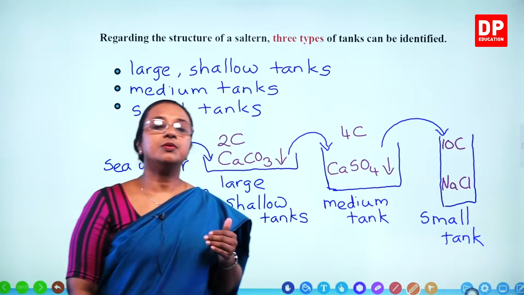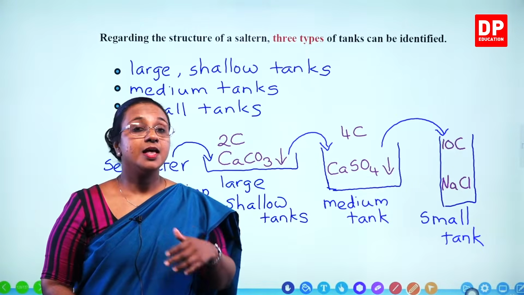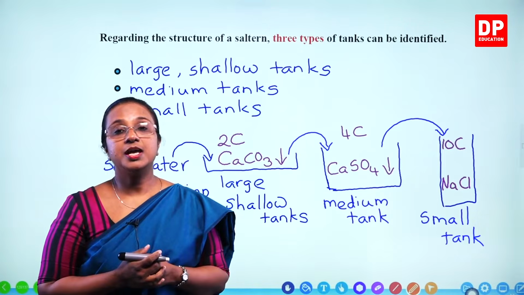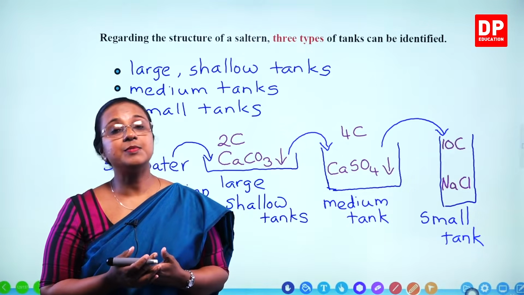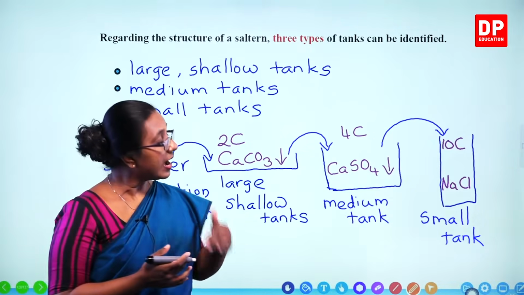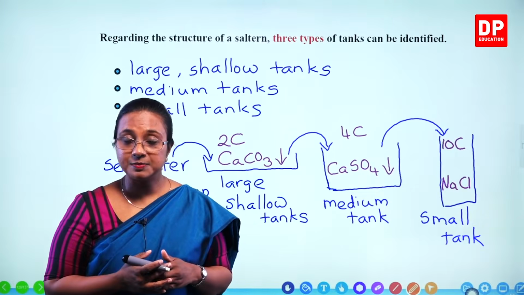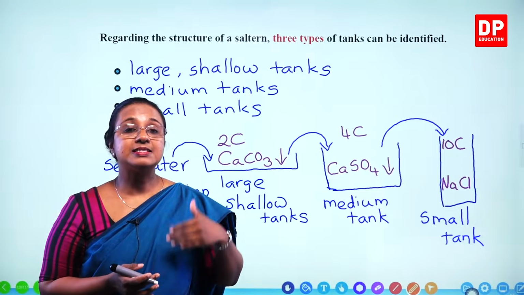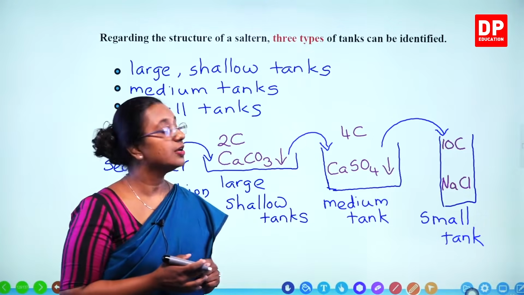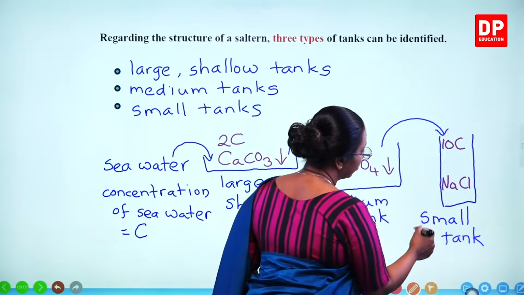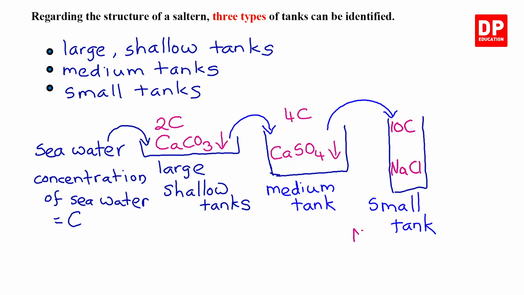While this sodium chloride is precipitating, there are 2 more salts. There are many more salts, but the most important ones, magnesium chloride and magnesium sulfate. While sodium chloride is precipitating, these 2 salts precipitate as impurities with sodium chloride.